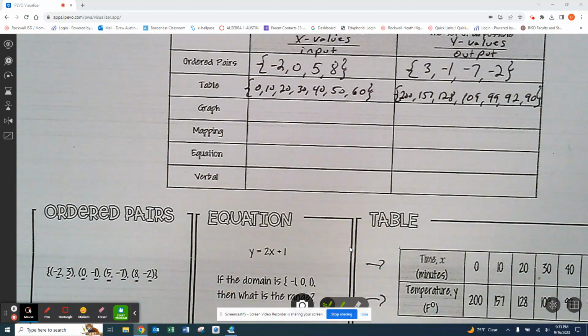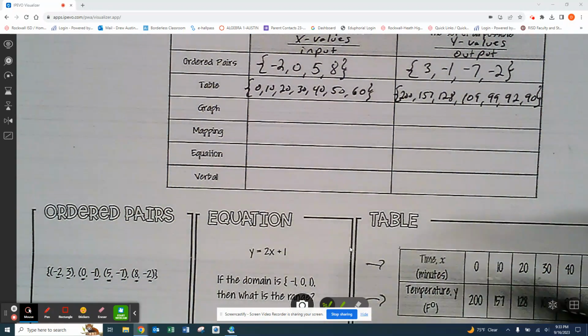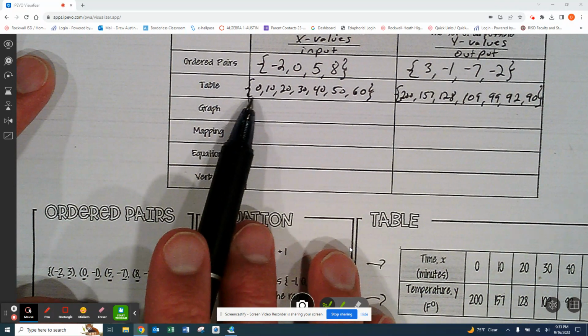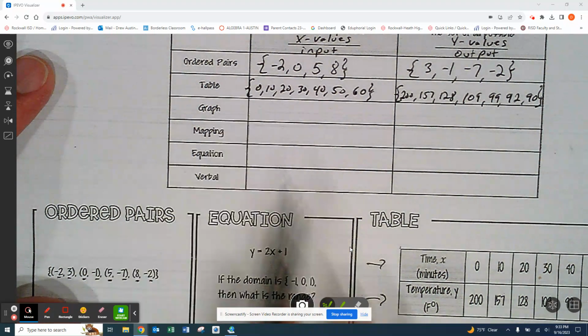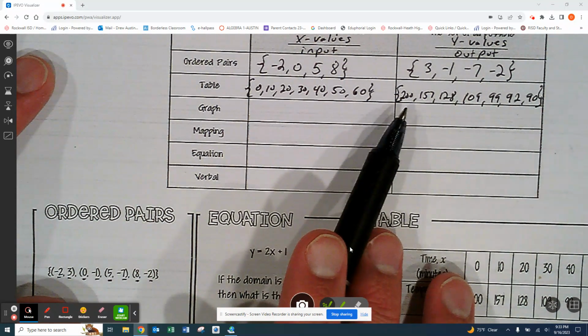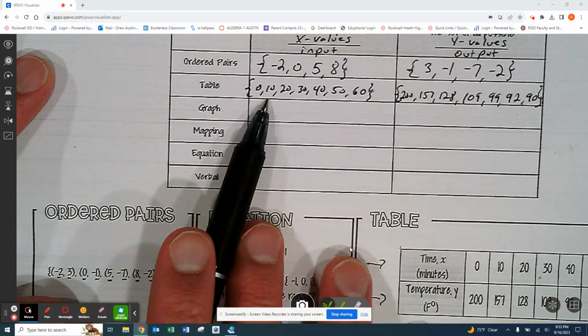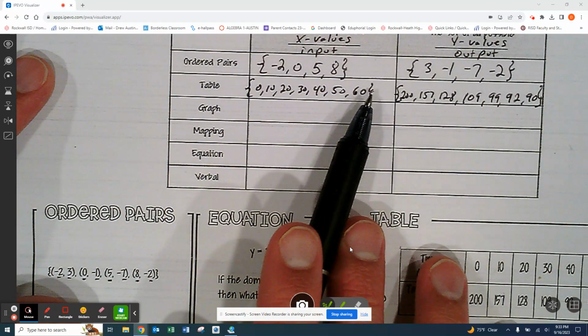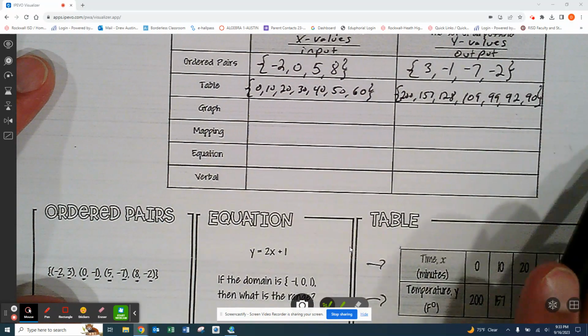And remember, thinking back to what functions are, this is one of the best examples of how functions operate. At the start of this table, the temperature I'm guessing in an oven is 200 degrees, and they're letting the oven cool off. After 10 minutes, it's down to 157. After 60 minutes, it's down to 90.